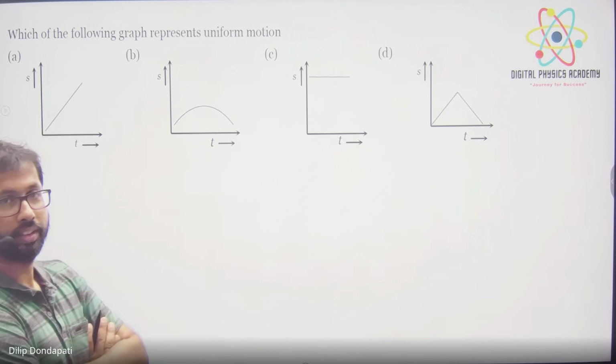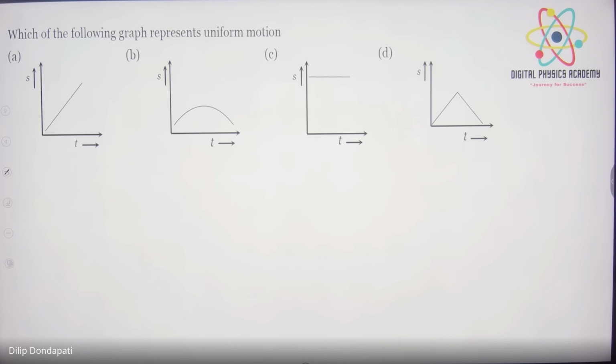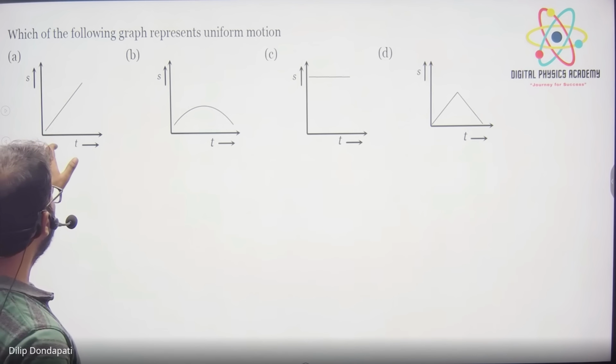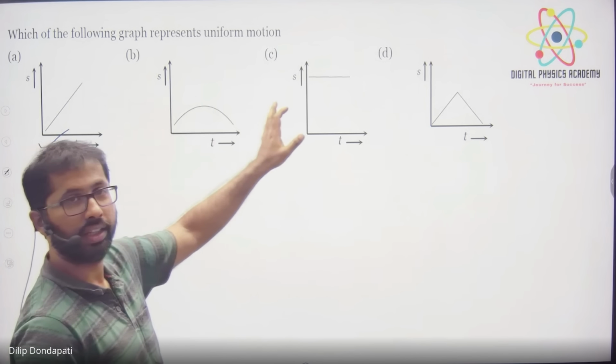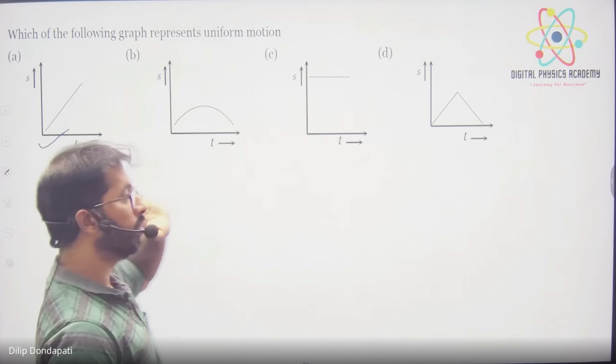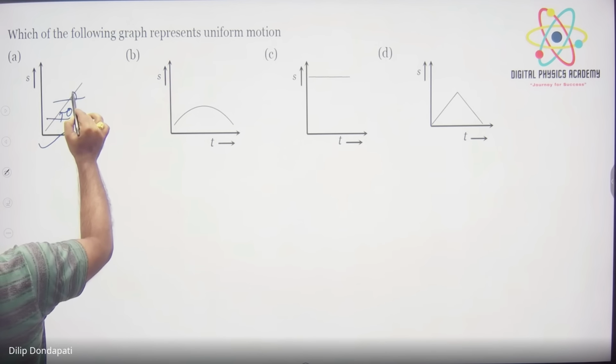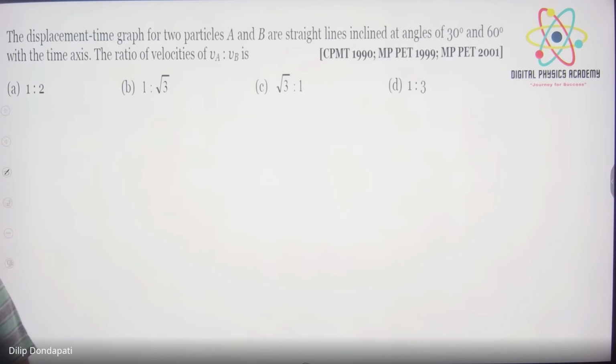Sure, one minute. Try. Sure, A only. Understood, right? Why? Because the slope is constant. Slope constant means uniform motion. Theta is constant, that's why it's uniform motion.